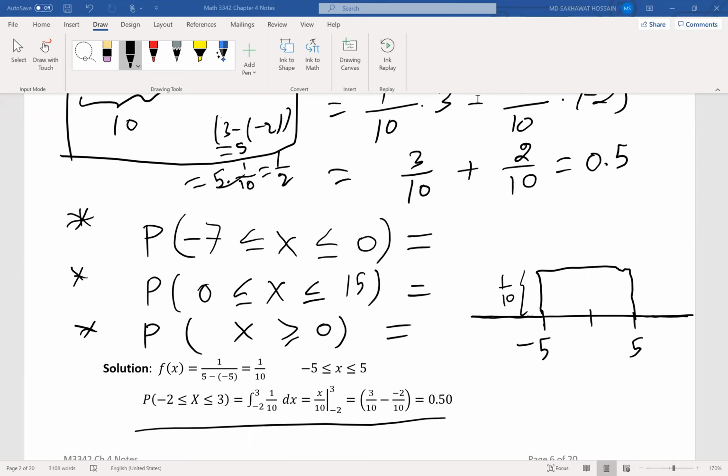Yeah, so I got a couple of answers. 1 over 2 is the correct answer. You can see here, this is a uniform distribution.